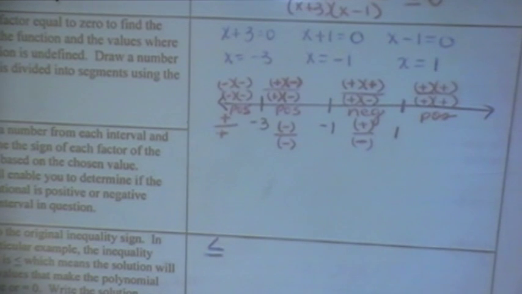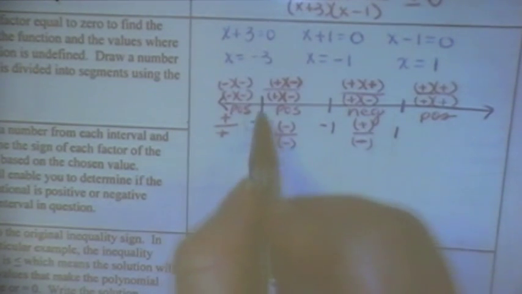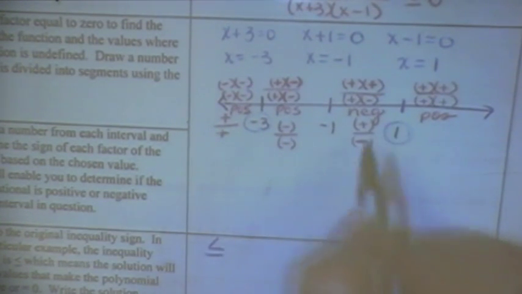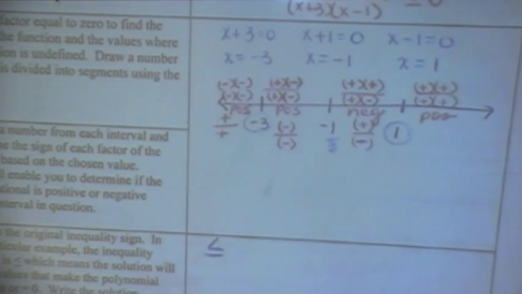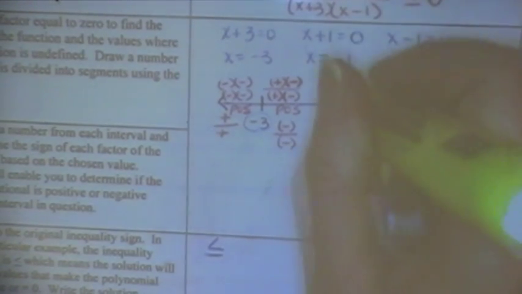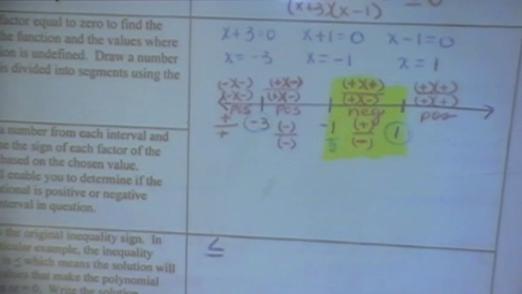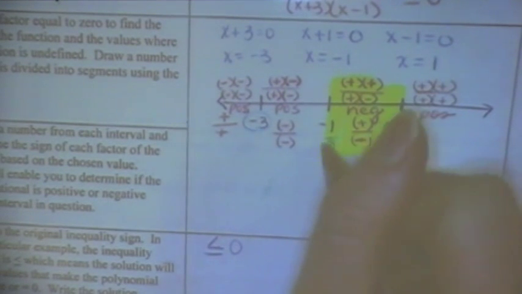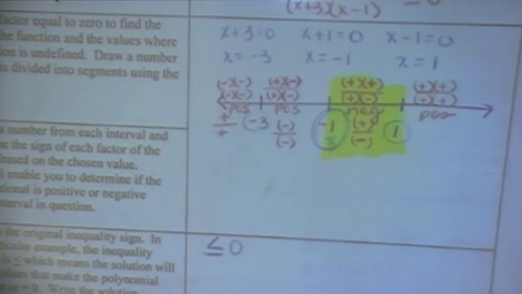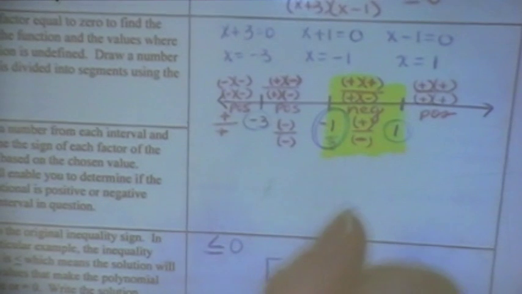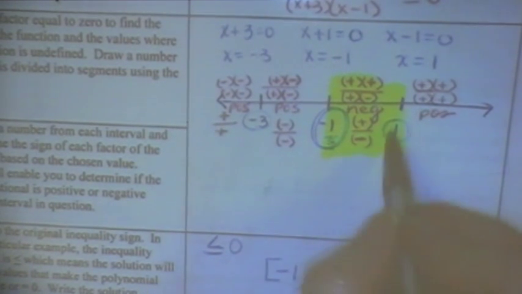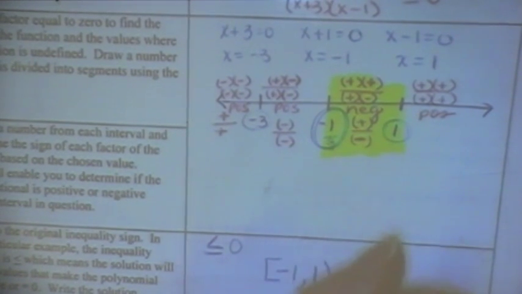So if you remember, this was our asymptote, but this piece right here is actually your 0. So this whole section is negative. So that's my answer, because that's where this function is less than 0. So when I write it, this piece was not an asymptote, so I can put a bracket. So negative 1 to 1, but because 1 was our asymptote, that's going to have to be parentheses.